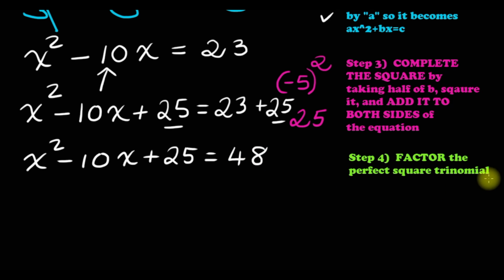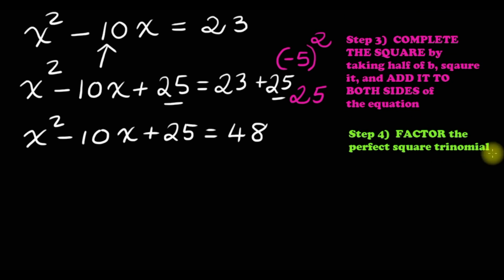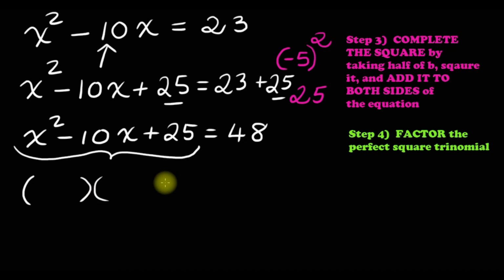Step 4 is to factor the perfect square trinomial. So here you have a perfect square trinomial. We're going to factor the trinomial into two binomials. This is an easy one to factor, because to get x squared, you need an x times an x.